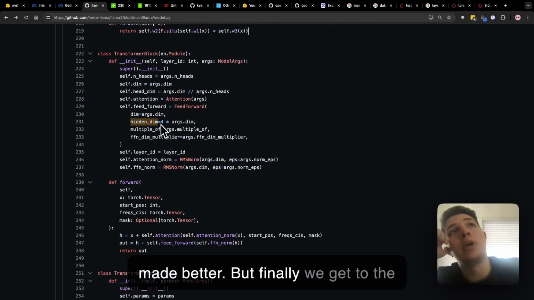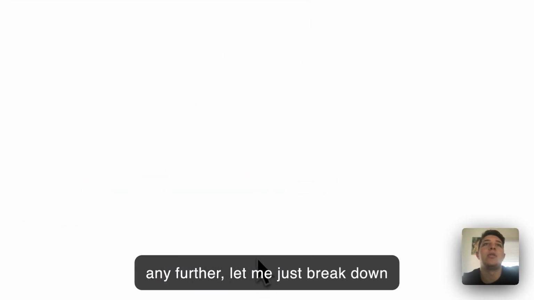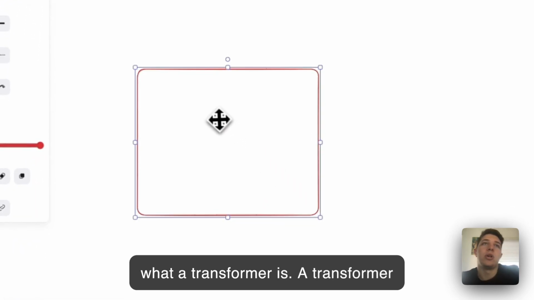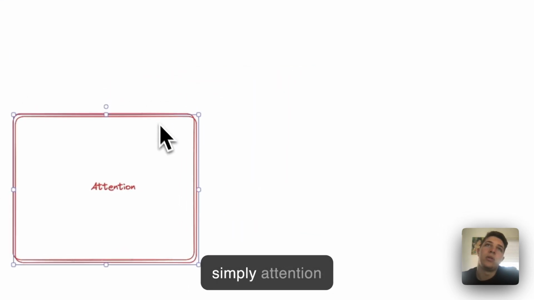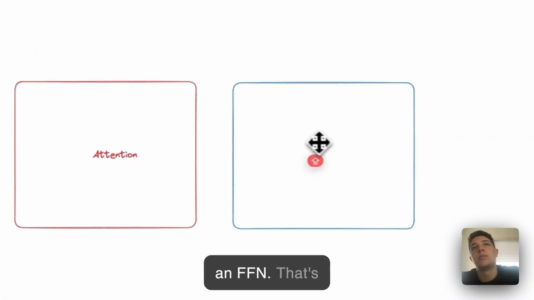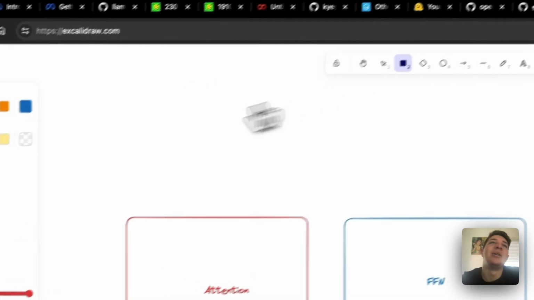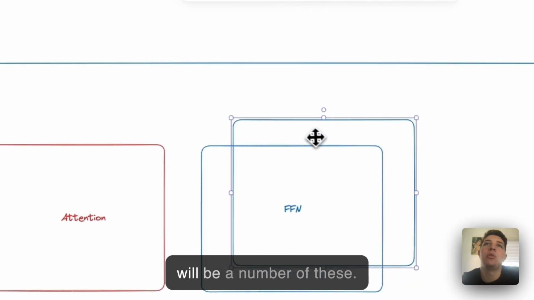And then finally we get to the transformer block. And before we go any further, let me just break down what a transformer is. So a transformer is simply attention with an FFN. That's it. Now, there will be n number of these.